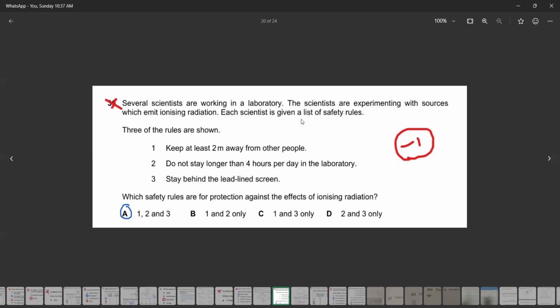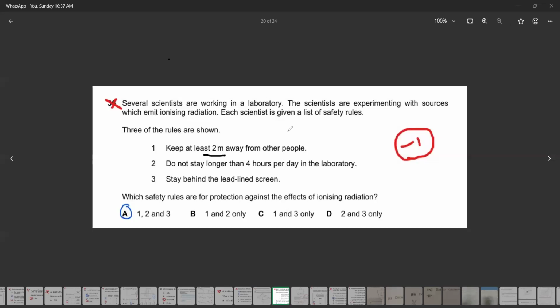Several scientists are working in a lab experimenting with a source that emits ionizing radiation. Each scientist is given a list of safety rules. Three of the rules are shown. Keep at least 2 meters away from other people. Do not stay longer than 4 hours per day in the lab. Stay behind the lead-lined screen.